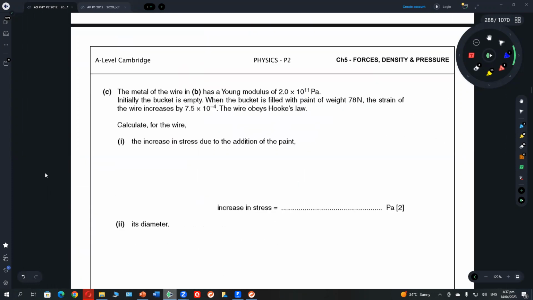The metal of the wire in B has this Young modulus. Initially, the bucket is empty. When the bucket is filled with paint of weight 78, the strain of the wire increases by this strain.